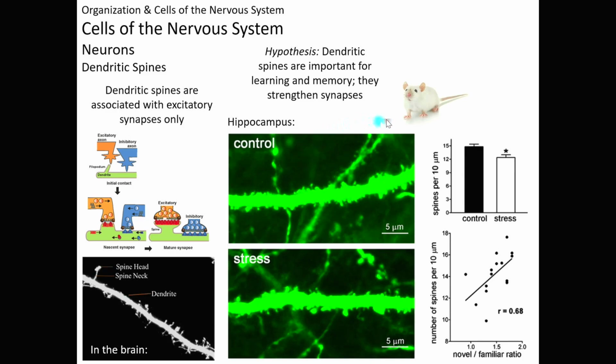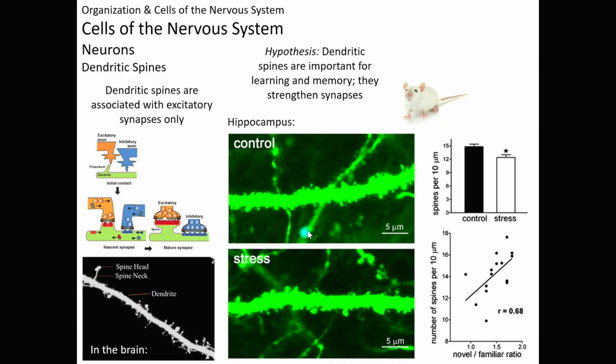And so, a little bit of data in support of this idea. This comes from a study, obviously in mice, looking at a region of the brain, the hippocampus, that has a well-established role in learning and memory. What they did is subject some of these mice to stress. And what they observed, and you can see it just from the images, but they've also quantified it here, is that stressing these mice, I think with chronic stress for a long period of time, reduced the number of spines observed on the dendrites in the hippocampus.